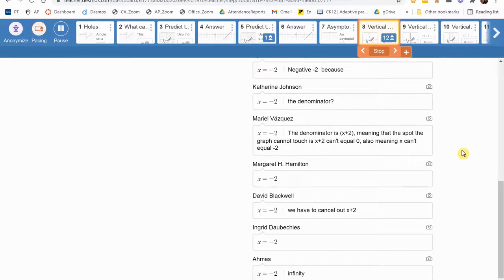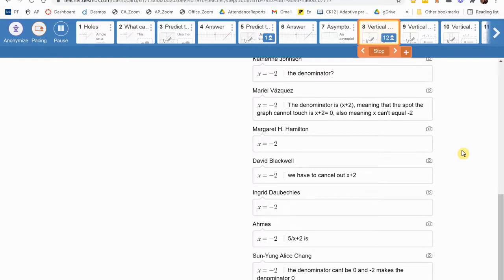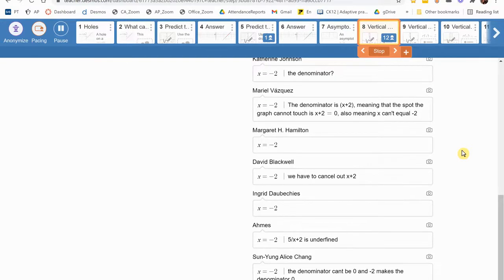Where do I see that in our equation? What's the big no-no with fractions? What can you not do? Good. I'm seeing the word undefined come up a lot, and I love it.